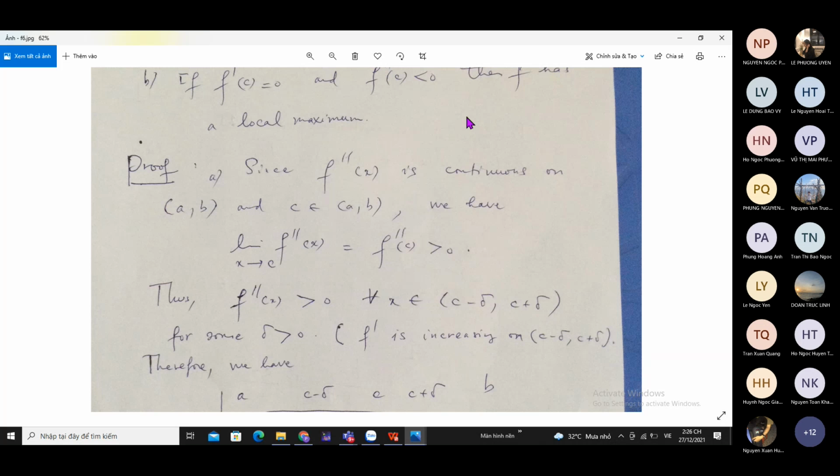We just apply the epsilon-delta definition.